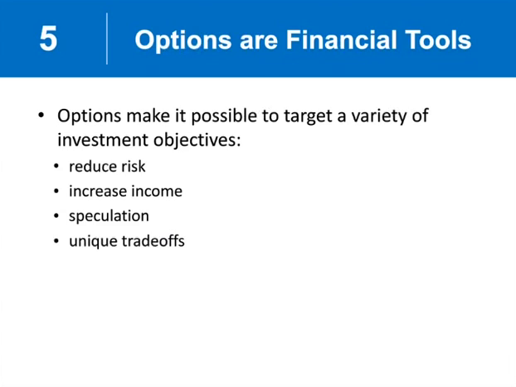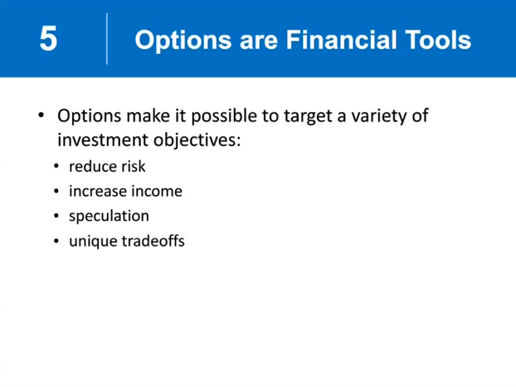When we talk about options, we talk about them being financial tools, and really there are a few real reasons why investors, both retail and professional, use the listed options product, and primarily it's a tool to potentially reduce risk.